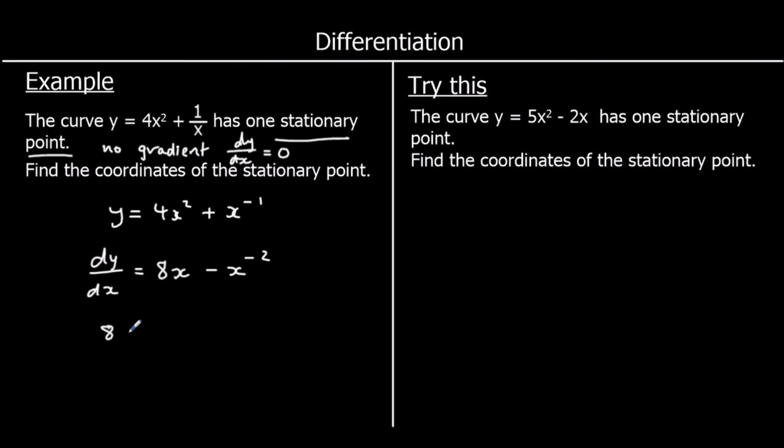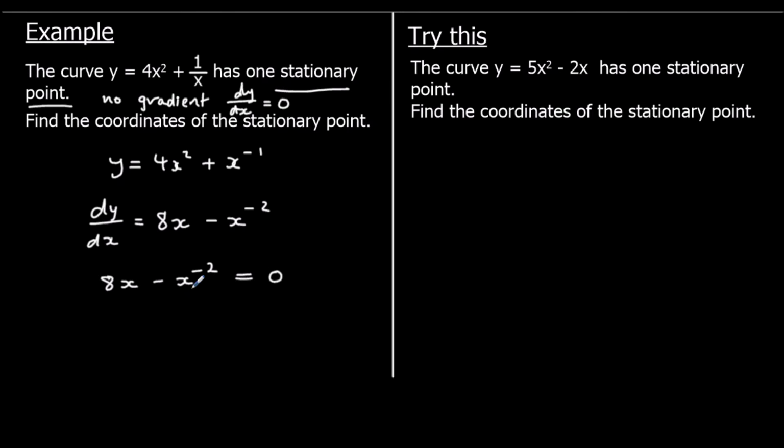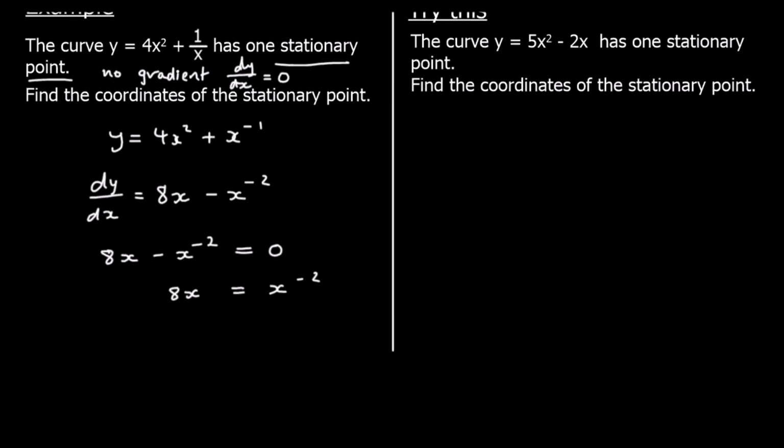We want to know where dy/dx is equal to 0. So 8x minus x to the power of negative 2 is equal to 0. So we can find the x coordinate by solving this equation. So if we add x to the power of negative 2 to both sides, and it might be easier to rewrite this.